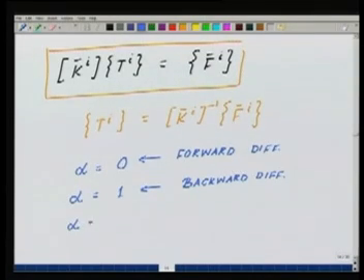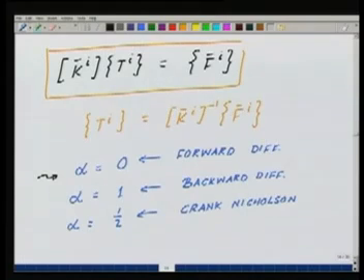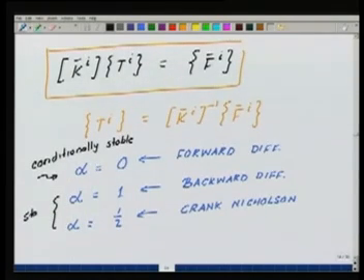Alpha is equal to half is the Crank-Nicholson scheme. Okay, this one is said to be conditionally stable, and these two are both stable schemes.